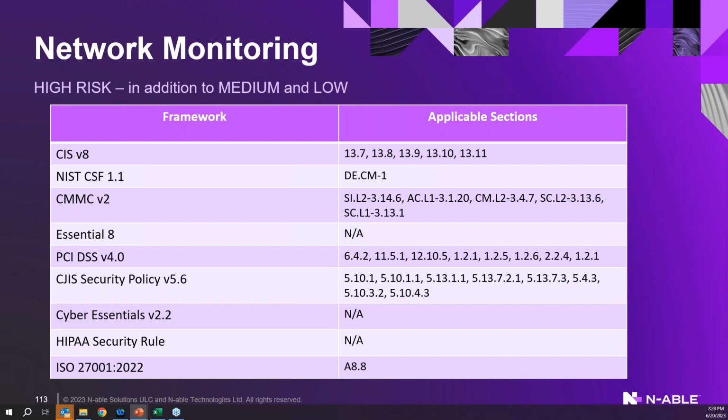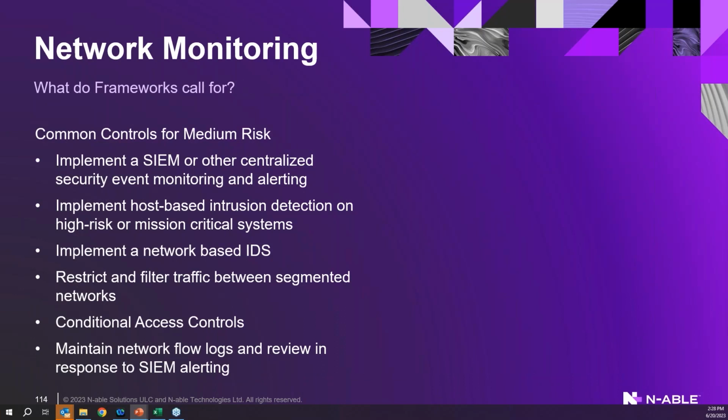That is because of the sensitivity of data that's going to be touched in these types of environments. The more sensitive the data is, the more damage that can be done if that data is lost or abused, the higher the risk.